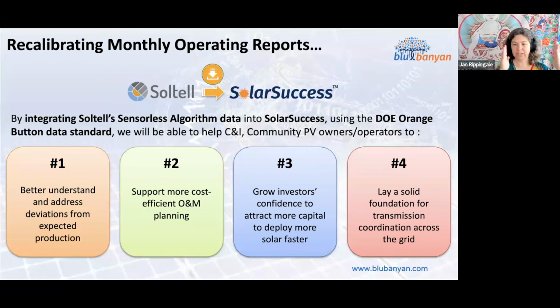So 1 through 3 are all about how this helps the individual owners, but 4 is how it helps us all collectively to take this to the next level and benefit from our cooperative engagement in a way that will support national security as a whole, as well as just our convenience of always having the power on and internet up and those kinds of things.